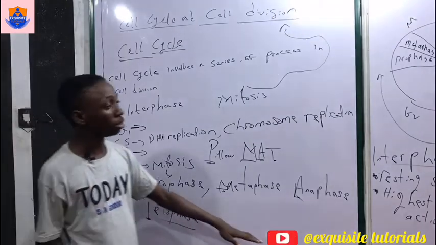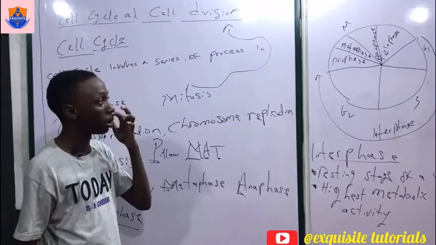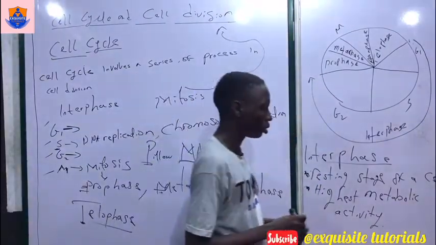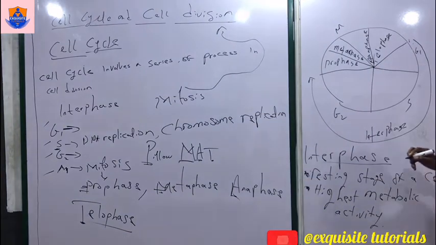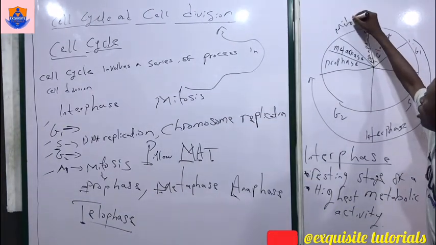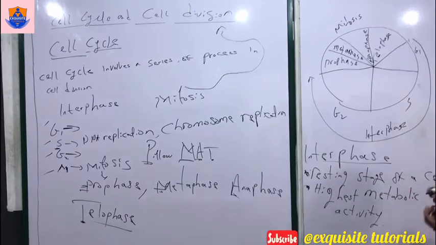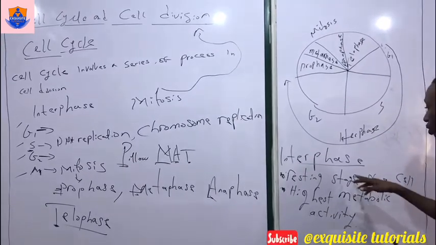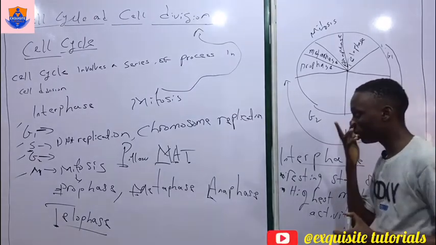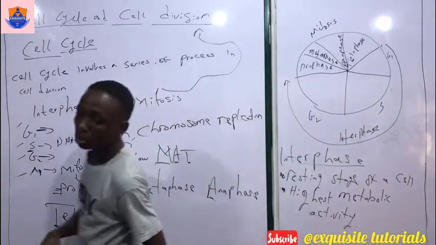I gave a cyclic representation here that you can easily use to remember what we are talking about. Now I said the interphase is the resting state of a cell and it has the highest metabolic activity.